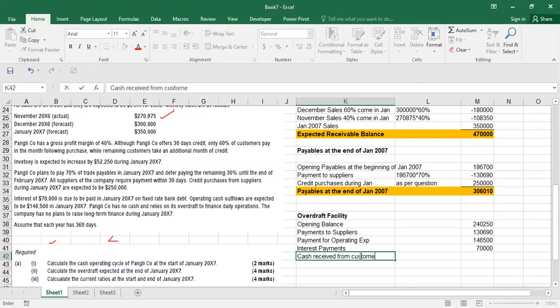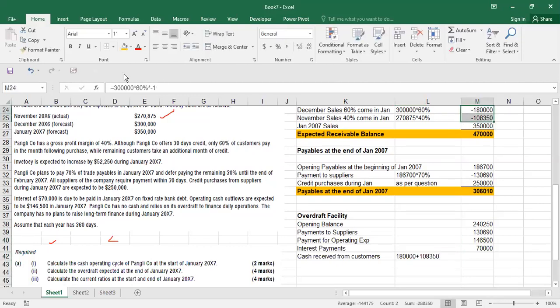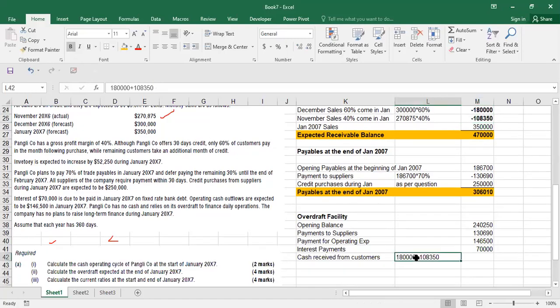Then you have cash received from customers. How much cash are we getting from customers? We are getting these two amounts, 180,000 plus 108,350. So this is cash coming in, and this cash coming in will decrease your overdraft because you got this cash.